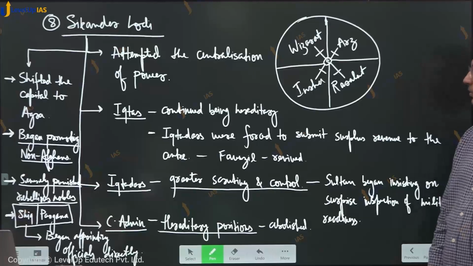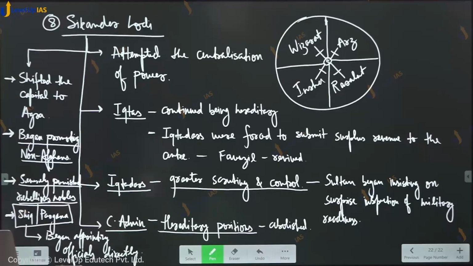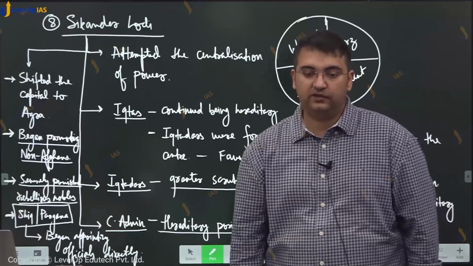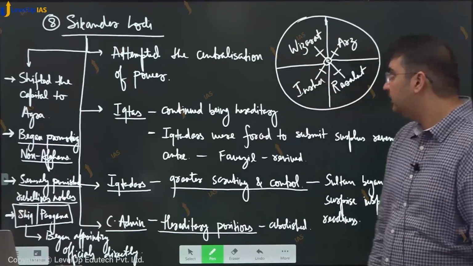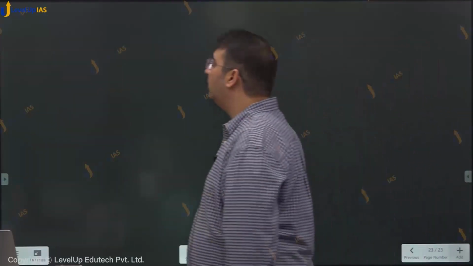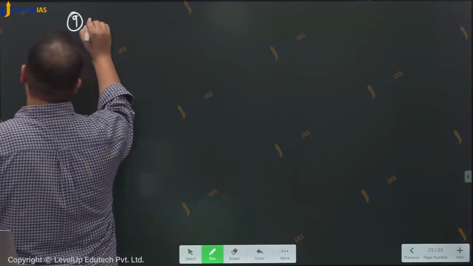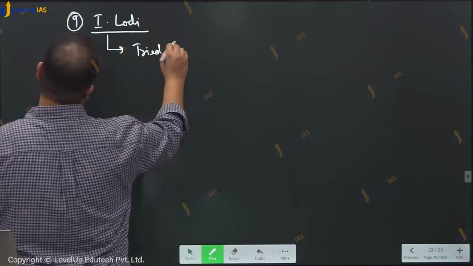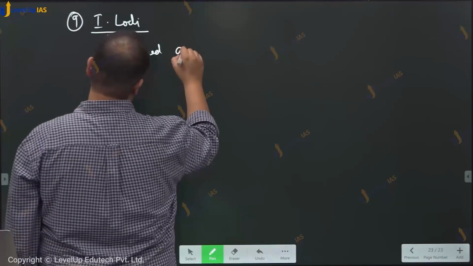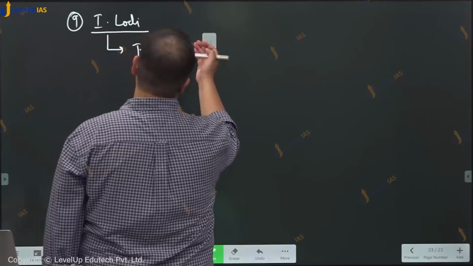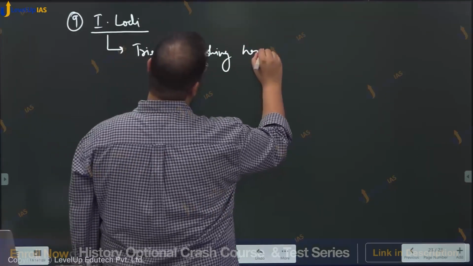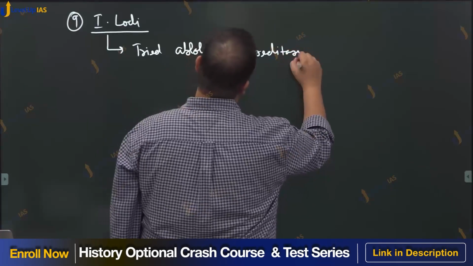Ibrahim Lodi tried to carry the legacy of his father even further by trying to disinherit many of the Iqtadars of their hereditary titles. So Ibrahim Lodi tried to abolish hereditary Iqtas.